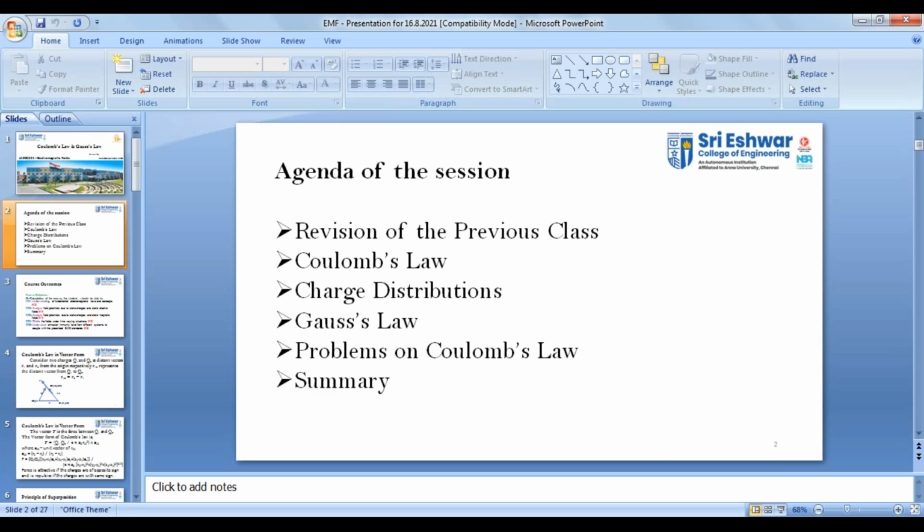Then we will go for a small topic called charge distributions. We have three different subtopics under the distribution of charges: line charge, then surface charge, then volume charge.